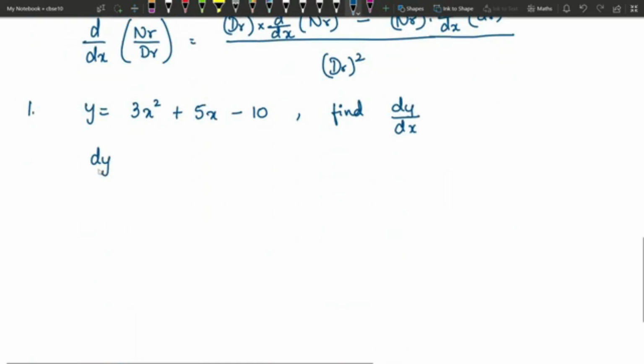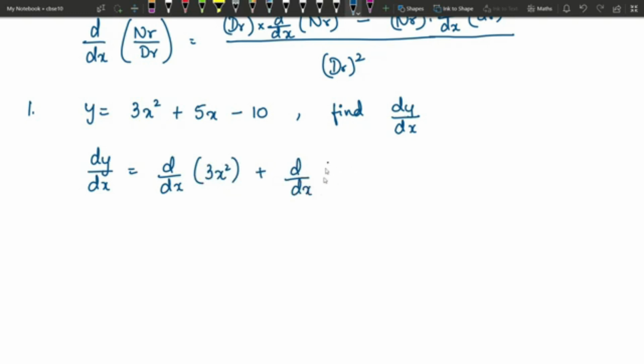So what is dy by dx here? It is derivative of 3x square plus derivative of 5x minus derivative of 10. Wherever plus and minus is there, we are supposed to write the same thing. So 3x square, 5x and 10 we have to differentiate.